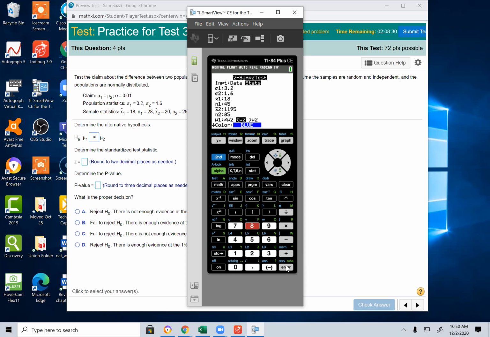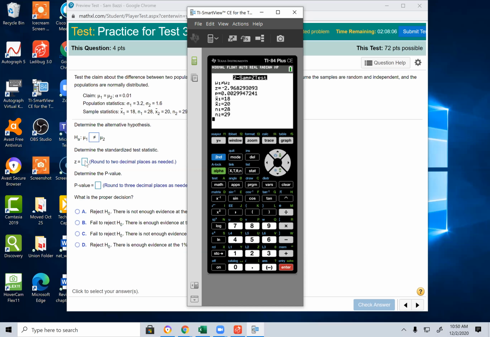So you have to be careful with that. 28. X2 bar is 20. And N2 is 29. And as you can see, we're testing the alternative mu1 different from mu2. Make sure to select it and hit calculate.